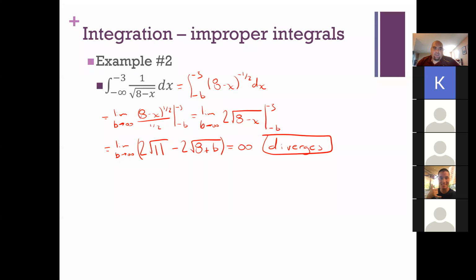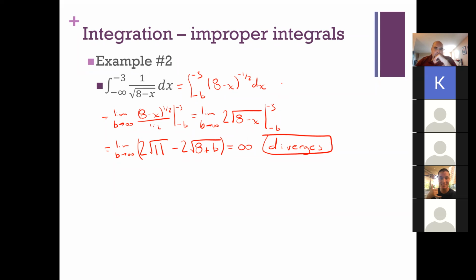And should we have known that before we got started? Jillian is saying -1 is less than p, which is less than 1. So yeah, p falls between that range. But what do we need to be true of p for this integral to converge?